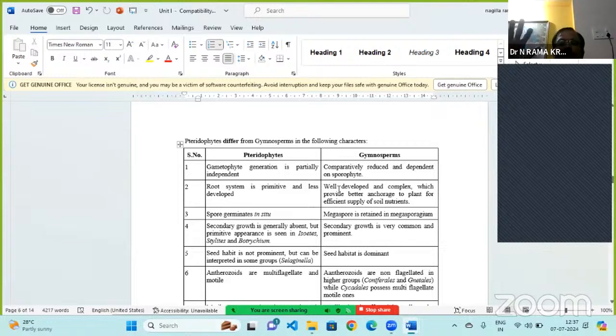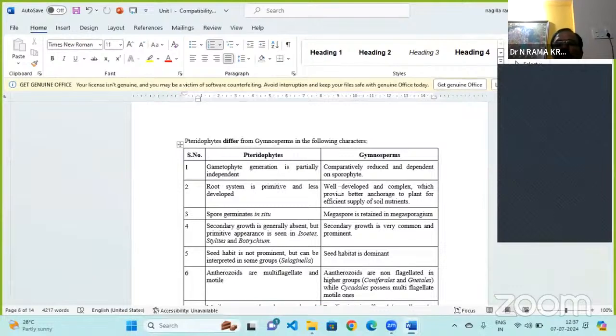Comparatively, the gametophyte is totally reduced. Next point: the root system is premature and less developed in pteridophytes, but in gymnosperms the root system is well developed, which provides better anchorage to the plant and efficient supply of soil nutrients.